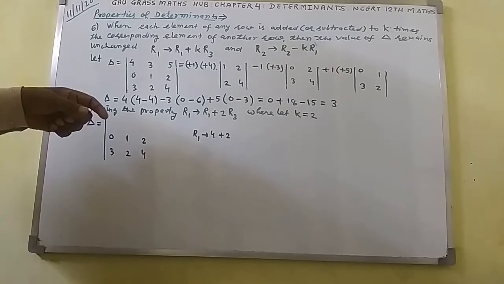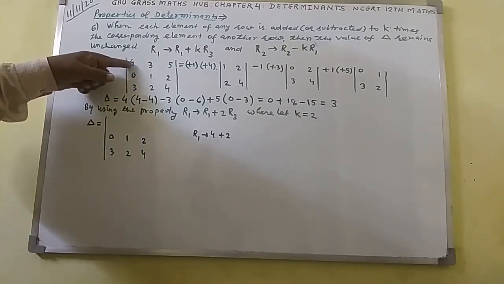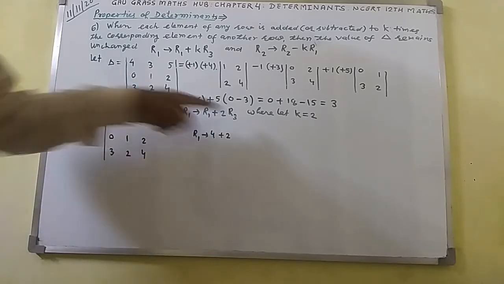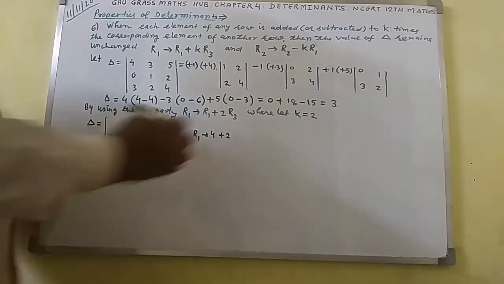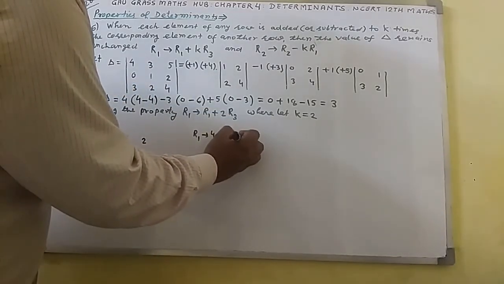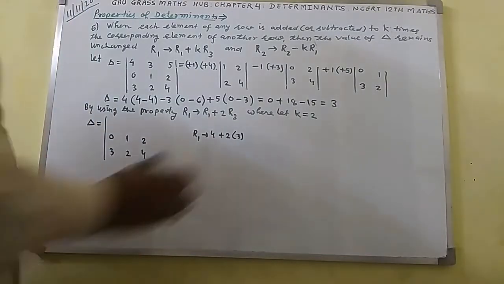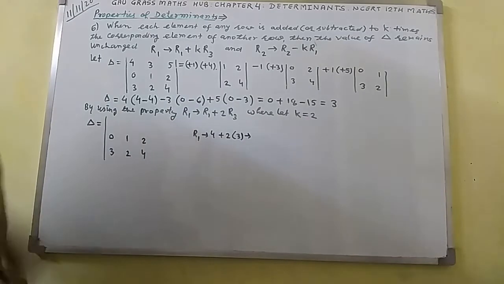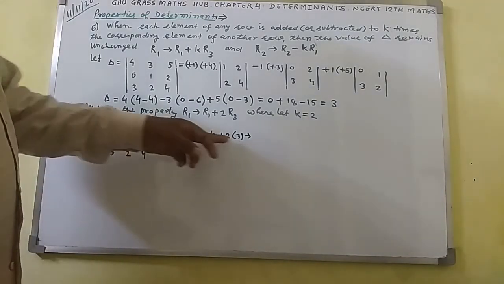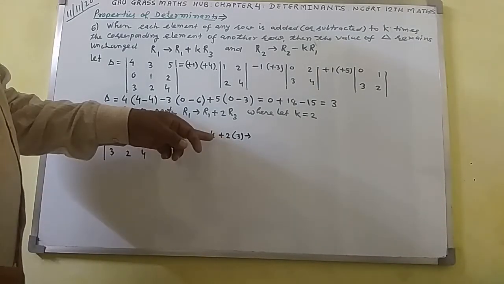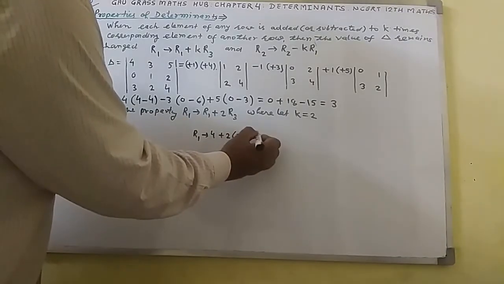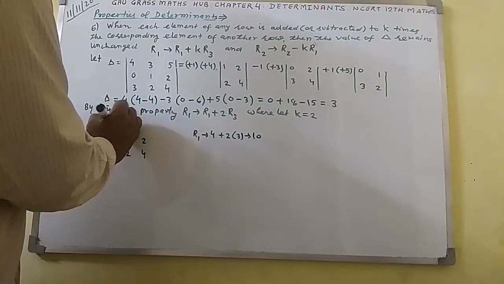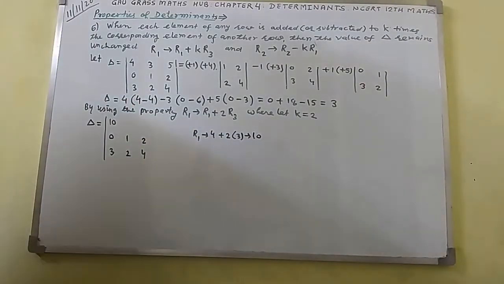So the respective element of 4 in row number 3, where R3 is there, is 3. So here I take 3. So you will get here 2 times 3 is 6, 6 plus 4, 10 you will get. So here it will become 10.